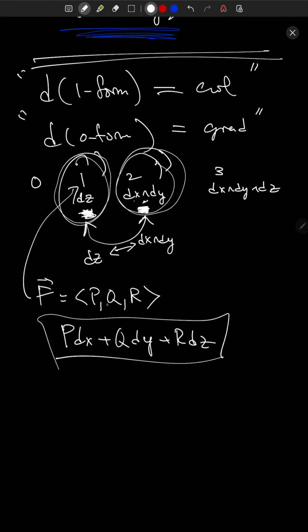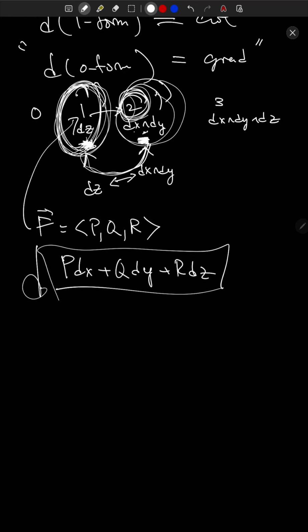So we can think of a vector field as something that lives here. We can take d of it, then it becomes something that lives here. But things that live here, we can retranslate back. We can reinterpret it as something that lives in the dz realm. And if we do that, we get a curl. Okay, so this kind of translation backwards is what we usually call a star.